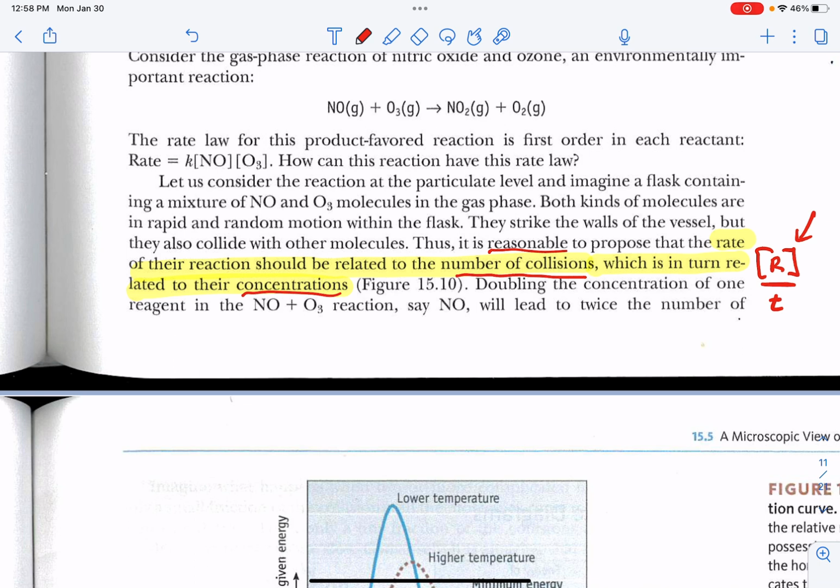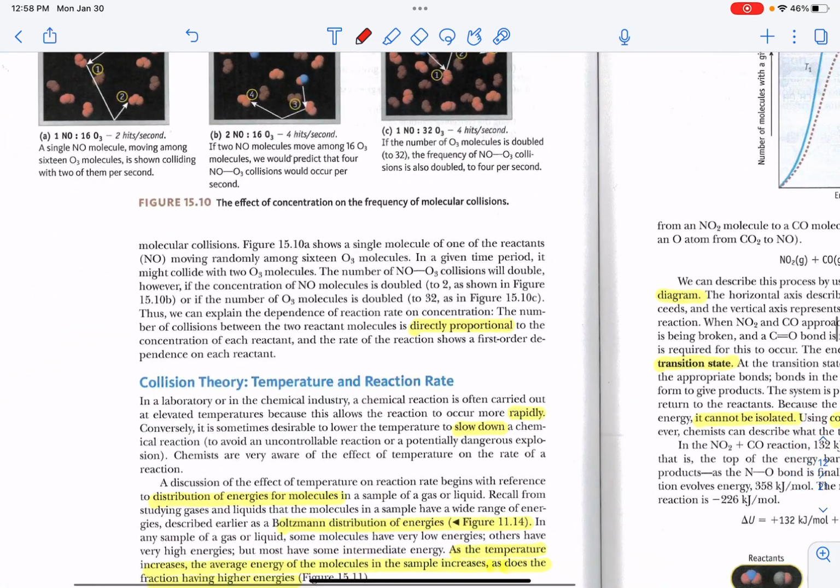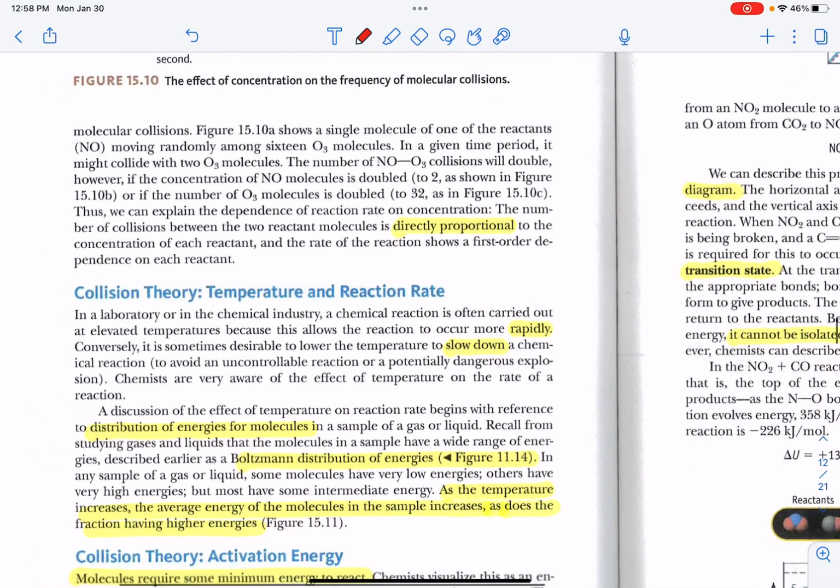If it's a first-order reaction, you double the concentration, and you expect to double the rate, because you expect to have twice as many effective collisions. They would be directly proportional.